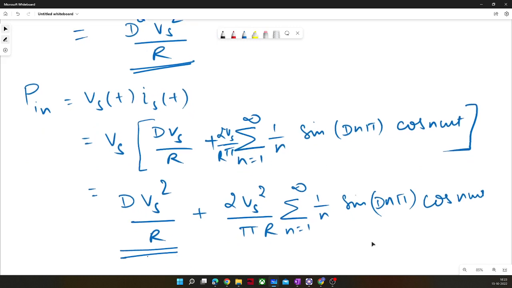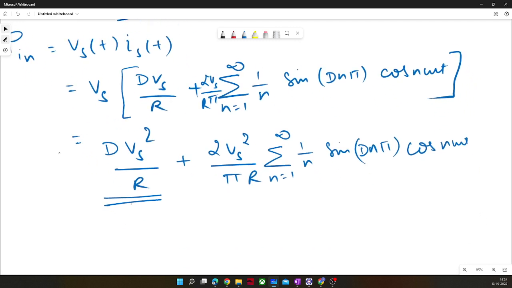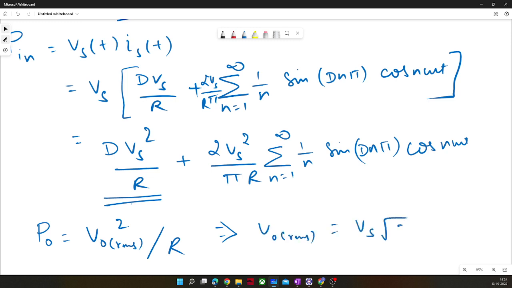Because from the input side, due to some AC harmonics, that RMS we consider, and due to that RMS value, you will get this dVs square. And even if you see at the output side, if you take V naught RMS square by R, and V naught RMS is equal to Vs into under root d.